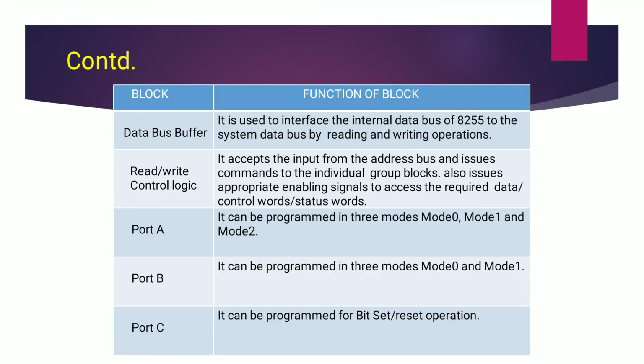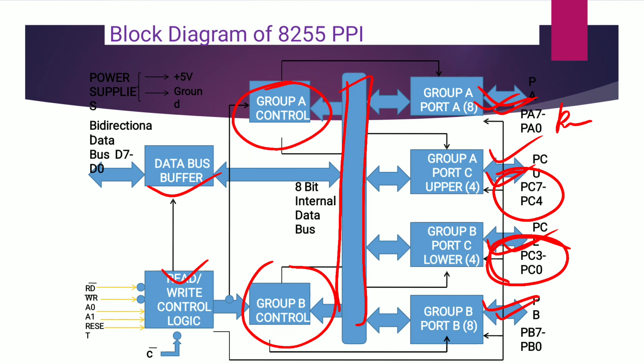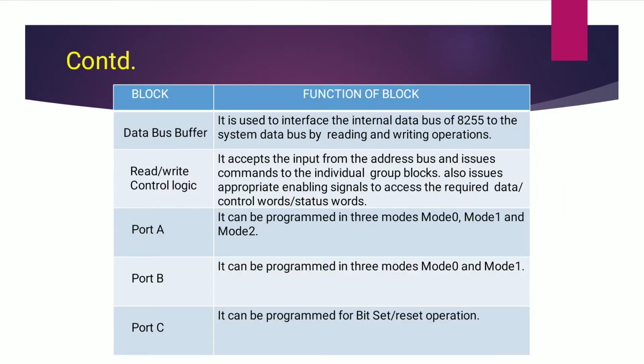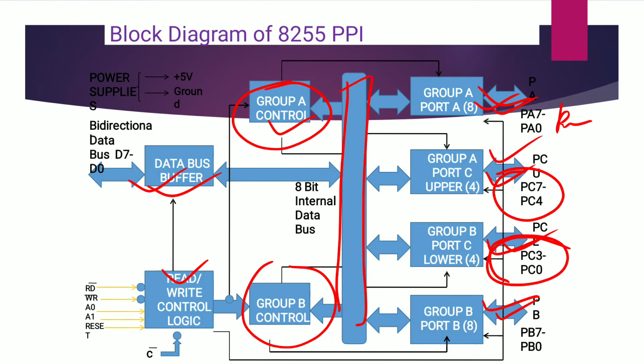So let's discuss the function of each block in detail. Let's start with the data bus buffer. The data bus buffer is a bidirectional, tri-state data bus.